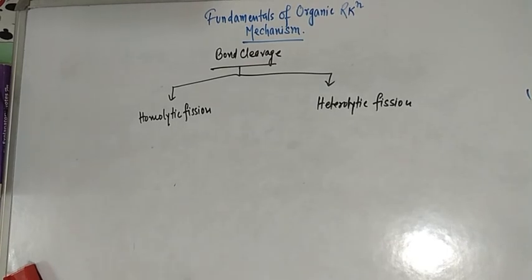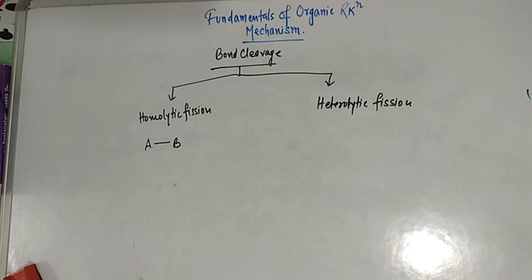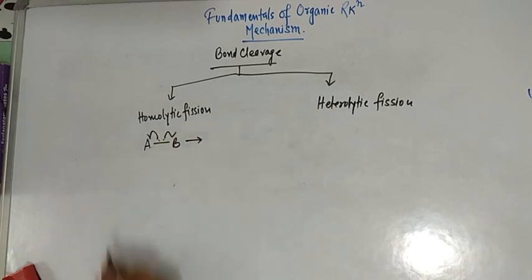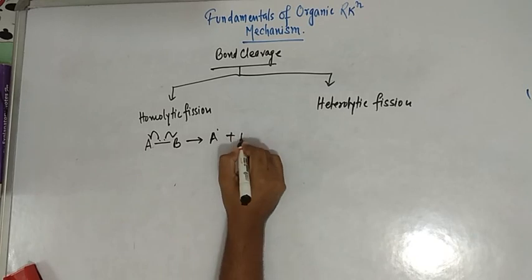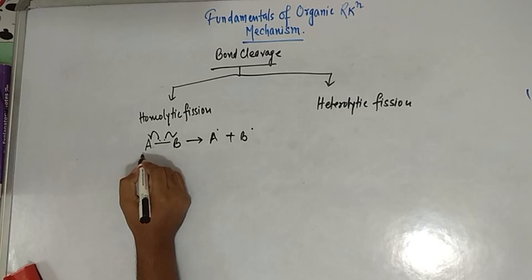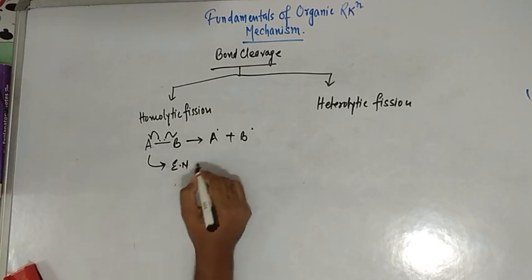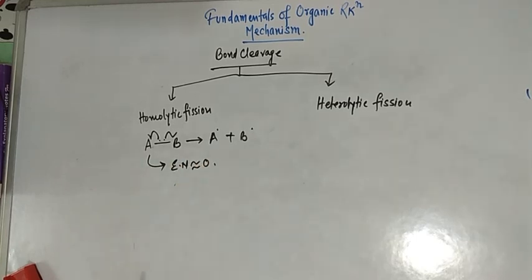So what is homolytic fission? Whenever a bond fission takes place resulting in the equal distribution of electrons between the two atoms, it is called homolytic fission. Homolytic fission takes place when the electronegativity difference between the two participating atoms is almost negligible, tends to 0.